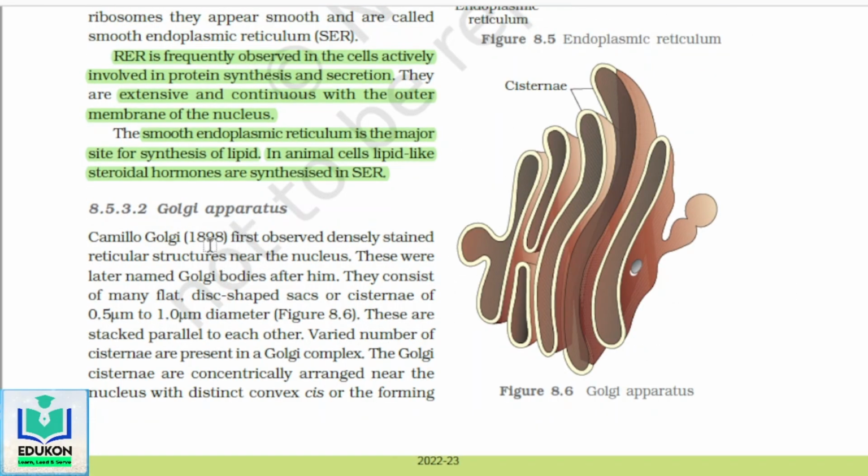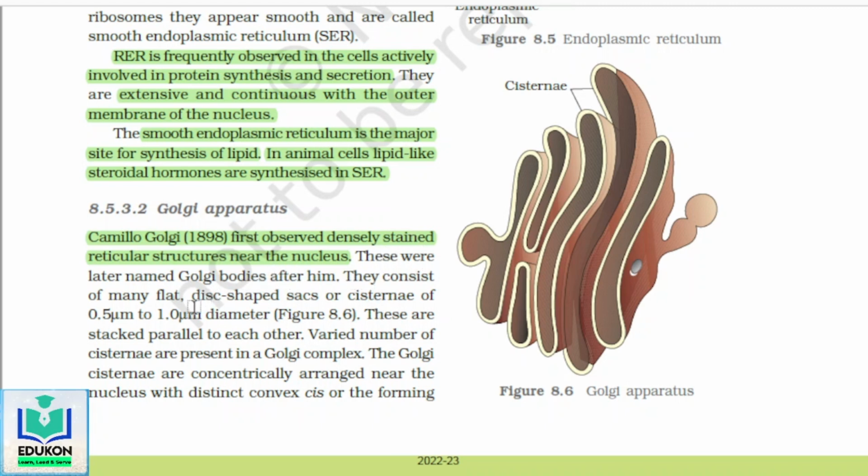Camillo Golgi, in 1898, first observed densely stained reticular structures near the nucleus. They were later named Golgi bodies after Camillo Golgi.